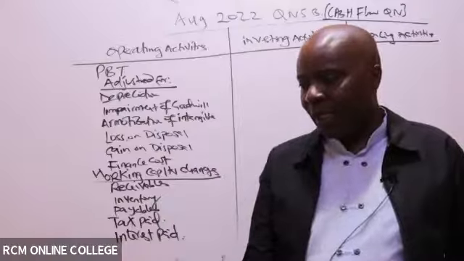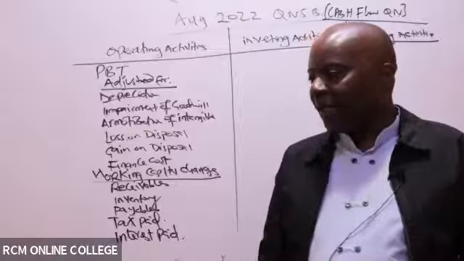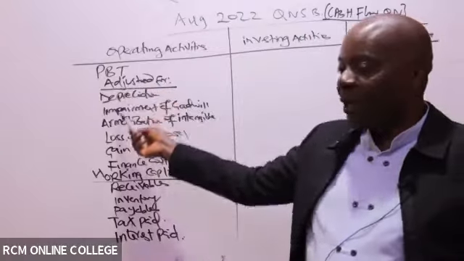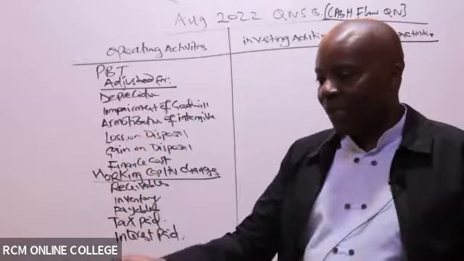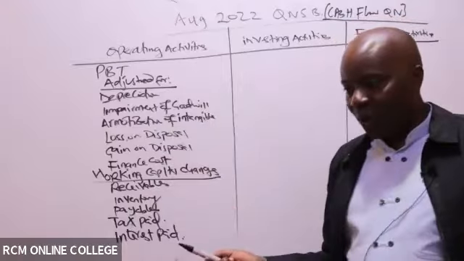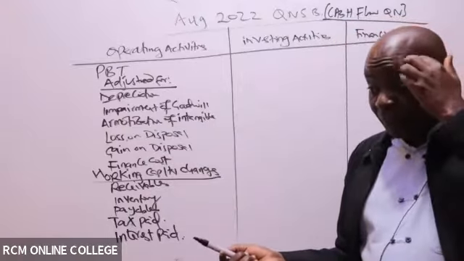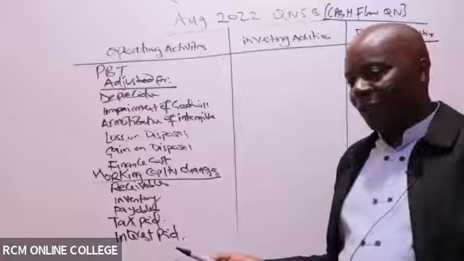Just share it in the WhatsApp group. I would really be happy. The one who was asking about the acronym, have you now mastered it? Dorothy is also asking for the same. Kindly share the question paper, August 2022, question number 5B. Thank you so much, Tony. Tony is always ahead of things.